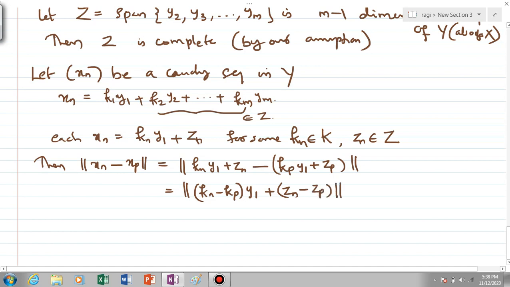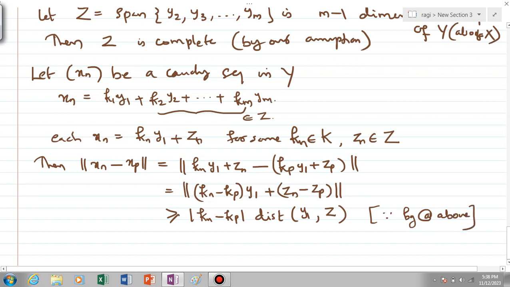This is greater than or equal to modulus of kn minus kp times the distance of y1 from the subspace Z, which we have written by the part we have proved above.